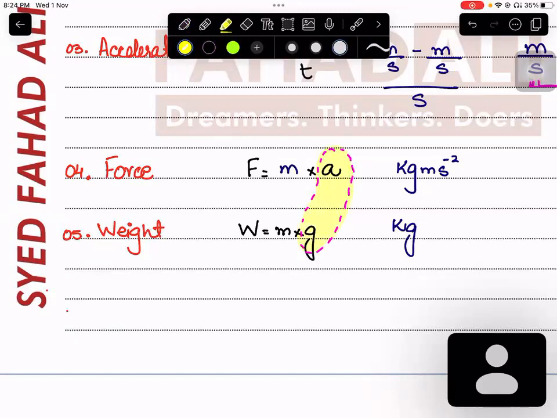Okay, now listen. For an object falling freely, where there is no air resistance, acceleration is equal to the gravity of that object. So acceleration and gravity are equal when there is no air resistance, and they share the same unit. So the unit of force is the same as the unit of weight.